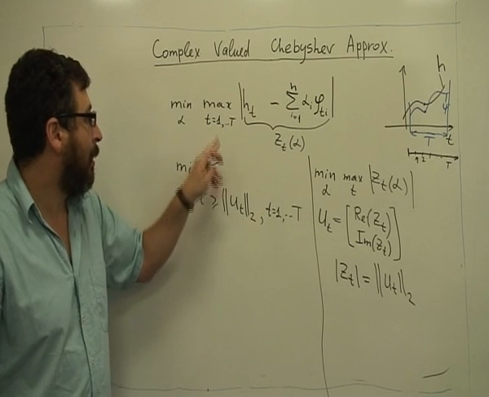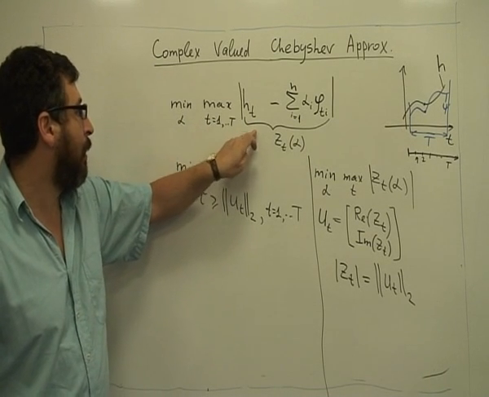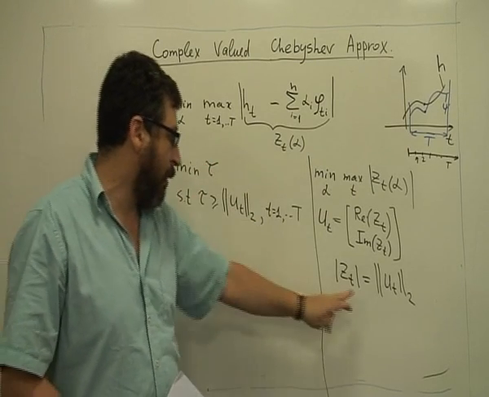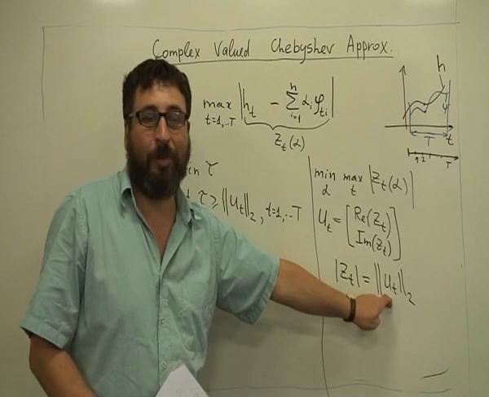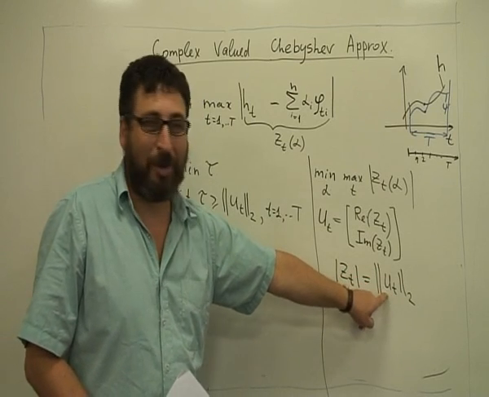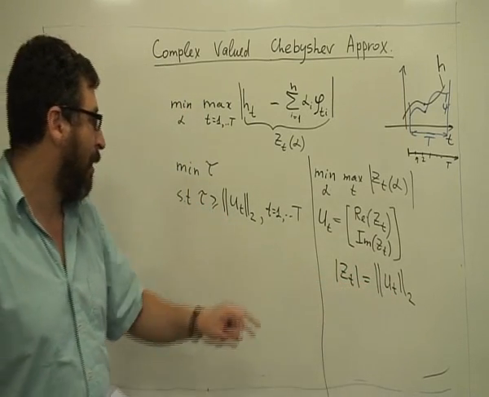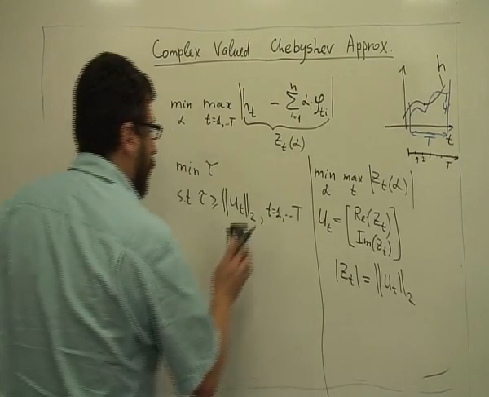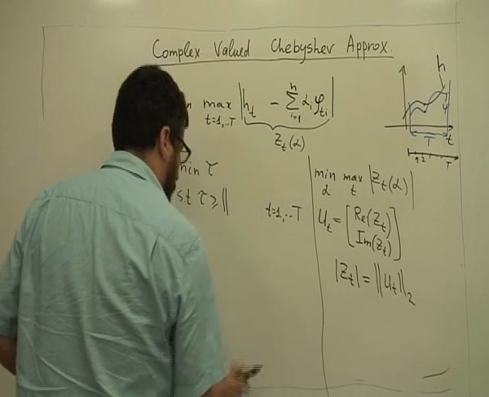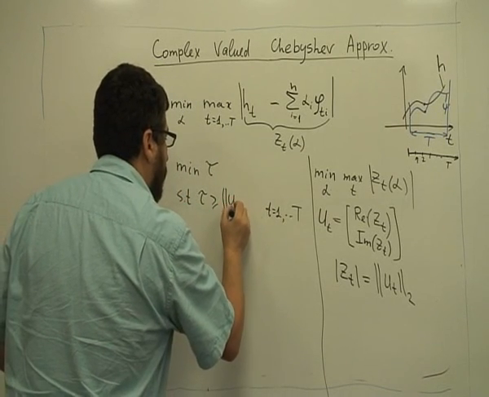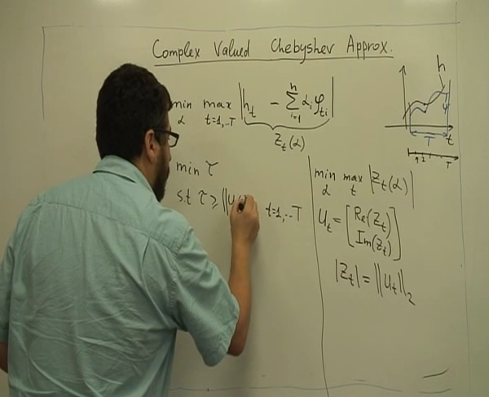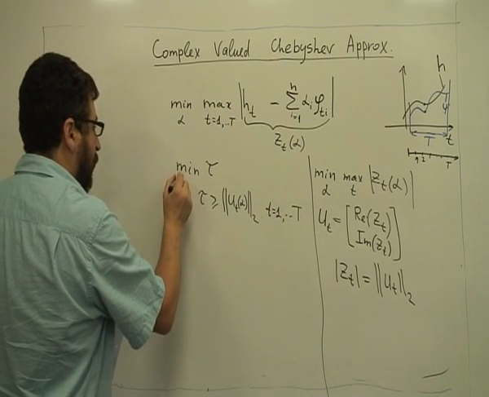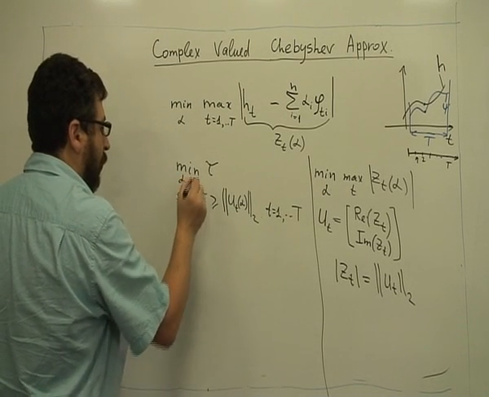Again, I wanted to minimize the maximal absolute value of z. Instead, this should be the maximum 2-norm of the vectors u_t. Each of them depends on alpha. Actually, it's better to write alpha also inside, so it's u_t of alpha. And of course, minimization is over alpha and tau. Alpha is a vector.